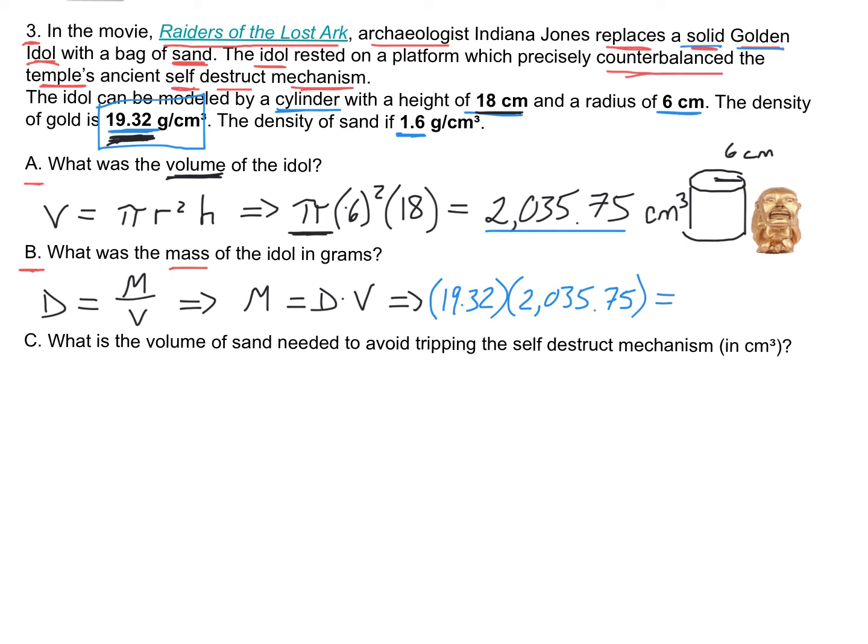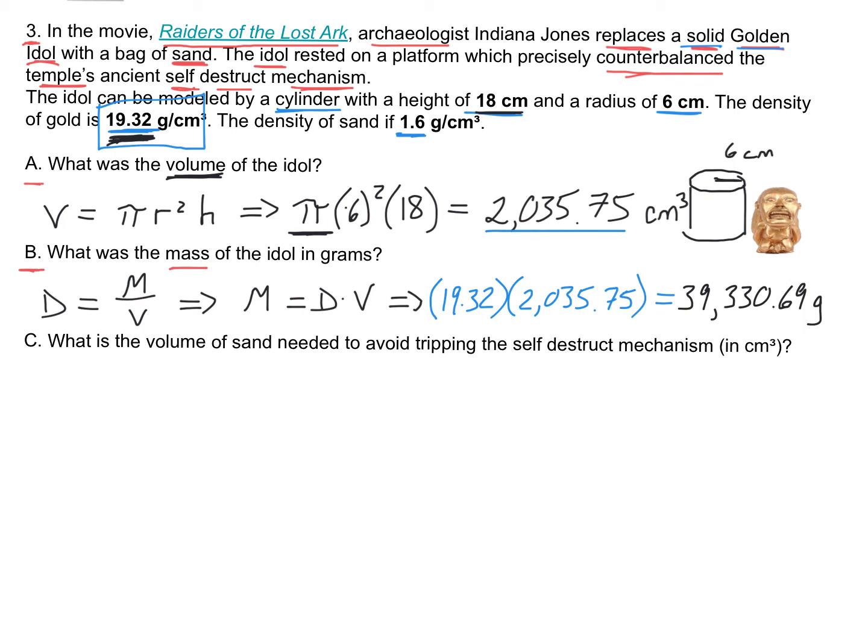Now, since I'm calculating the mass, I know my units are going to come out to be grams, and it looks like the mass is going to be 39,330.69. And as I said earlier, that's going to be in grams.